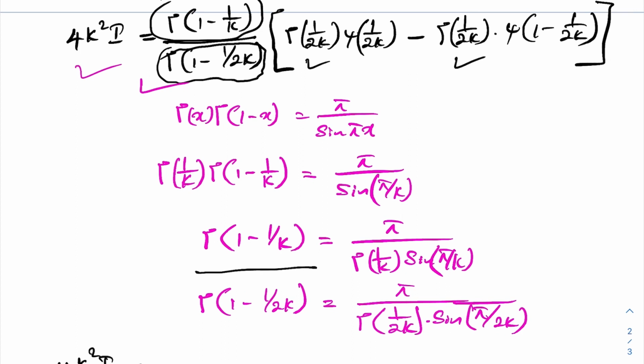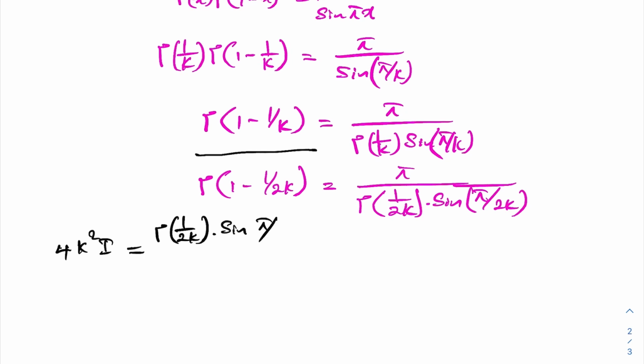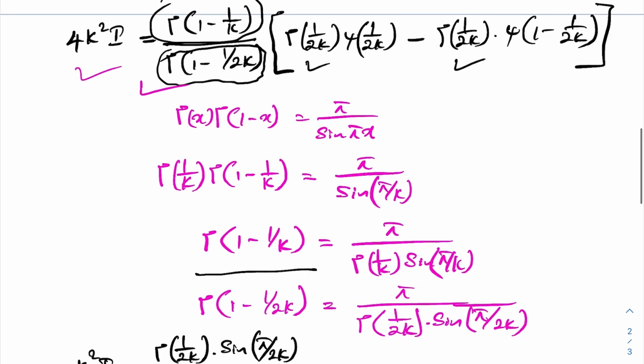So if we divide this, we have gamma of 1 over 2 times k sine of pi over 2 times k, and here we know gamma of 1 over 2 times k is a common factor.